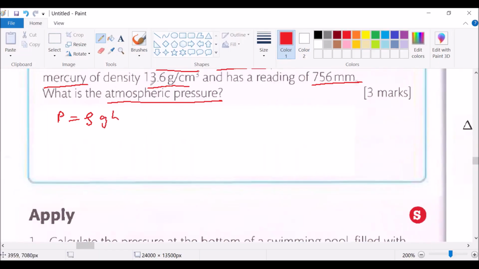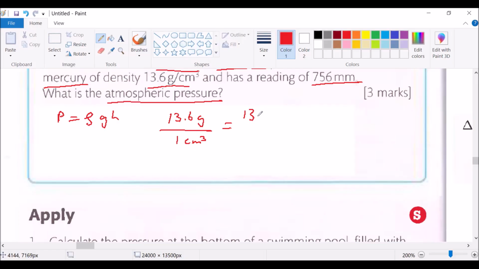Now, our density is given in grams per cubic centimeter. We have to change them to kilograms per cubic meter. So 13.6 grams per cubic centimeter is the same as 13.6 grams over 1 cubic centimeter. Now, to convert this to kgs per cubic meter, the grams are divided by 1,000.